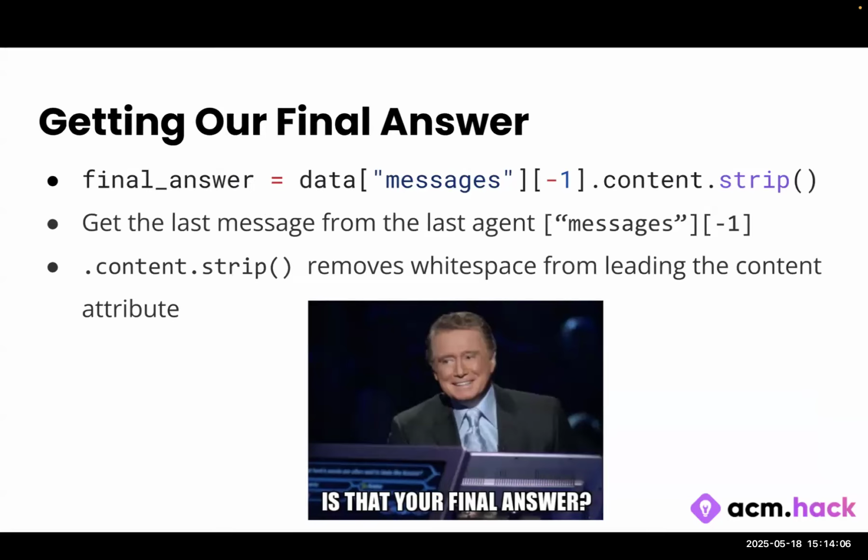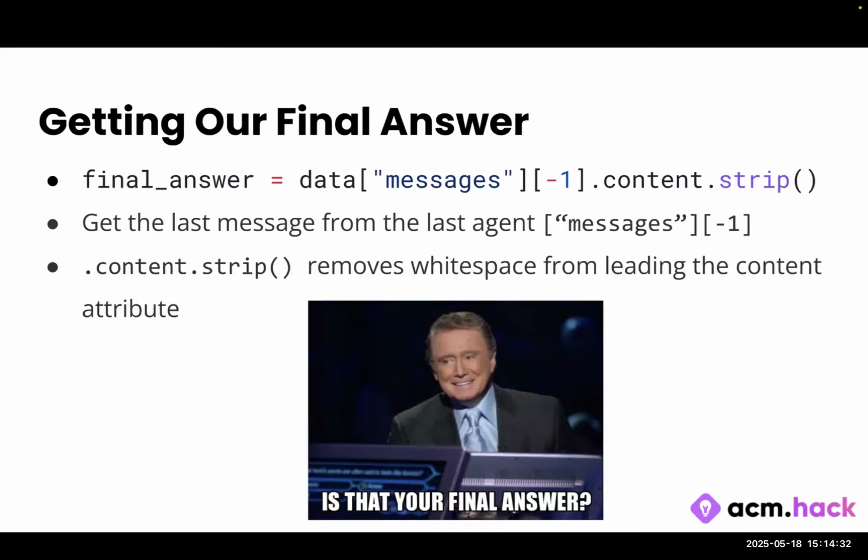Each data object has an attribute called messages, and all we're doing is going to the data object, extracting that messages attribute, and going to the last message in it. In Python, you can do that by using -1. Then we're taking that message and removing white space from it, so we have a clean final answer.